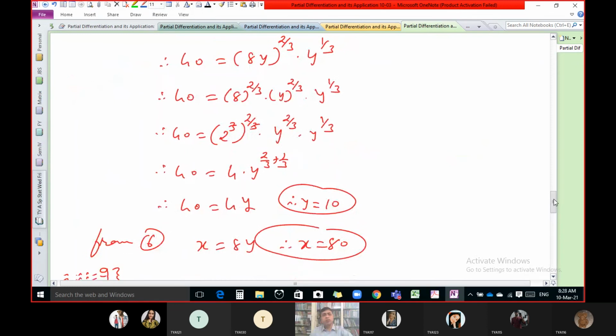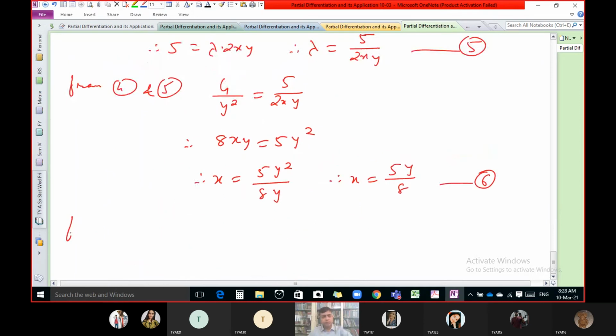What is equation 2? 40,000 equal to x into y square. So from 2 and 6, 40,000 equal to x into y square. Put the value of x here. It is 5y upon 8, into y square. Take this to the other side.